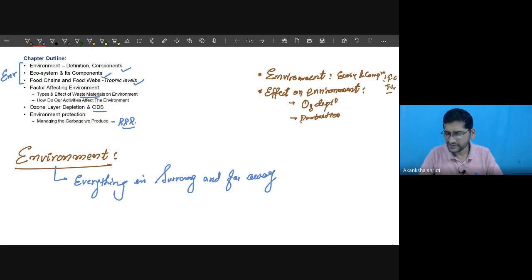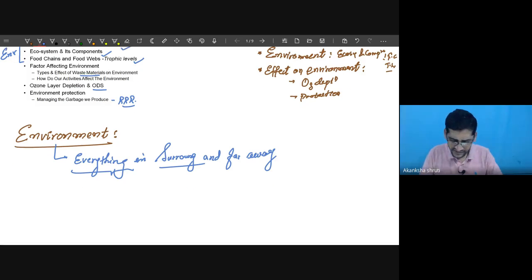They are called the environment. So everything that exists around us or in our surroundings, or that surrounds us, includes living as well as certain non-living things.